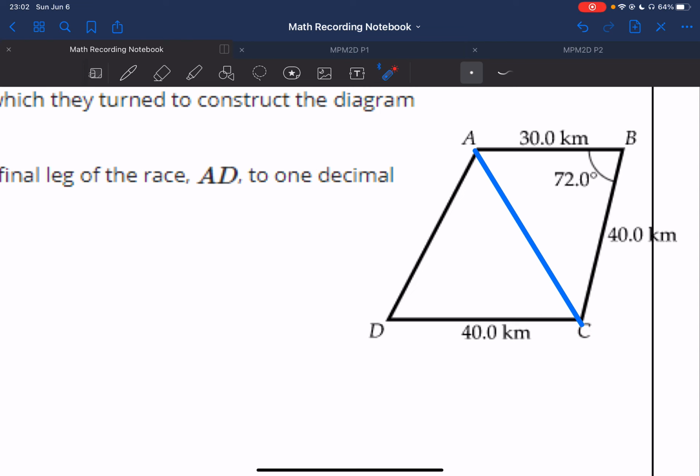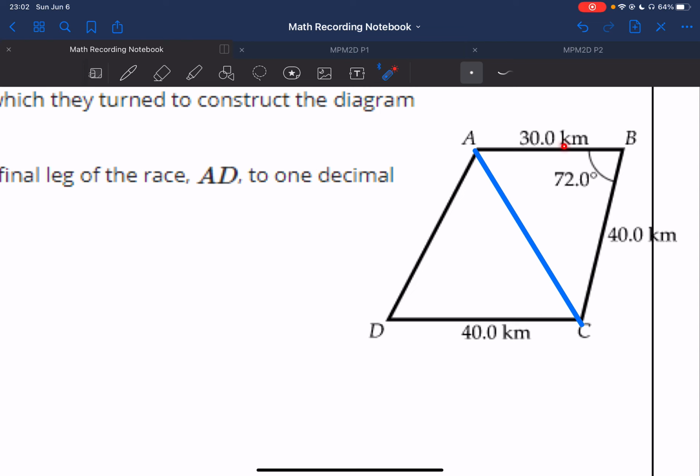Once we find out what this length is, we will have a complete side and angle combination. What that's going to allow us to do is find out what this angle equals to.